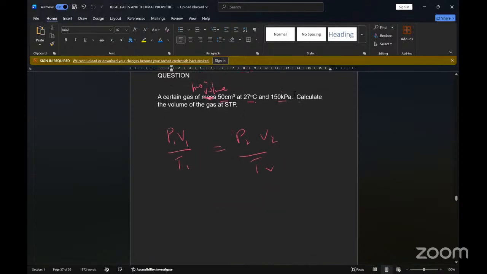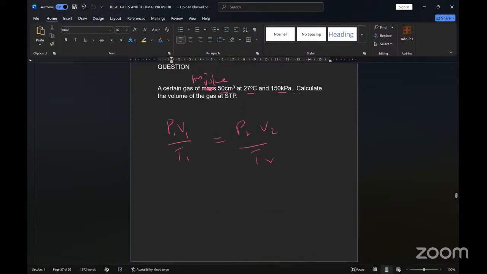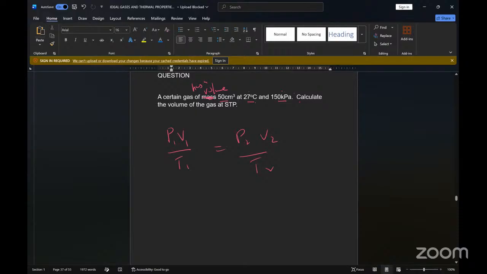Your P1, according to this one, is 150 kilopascal. Your V1 is 50 centimeters cubed.